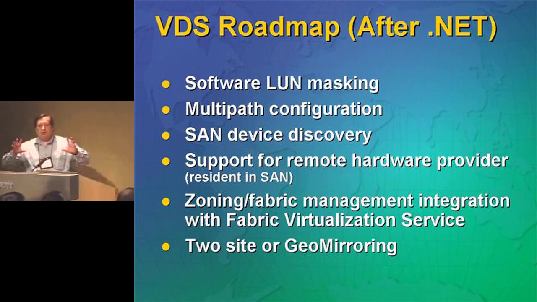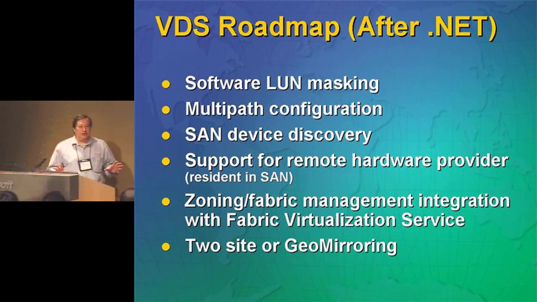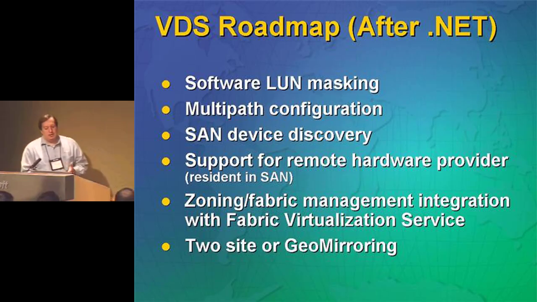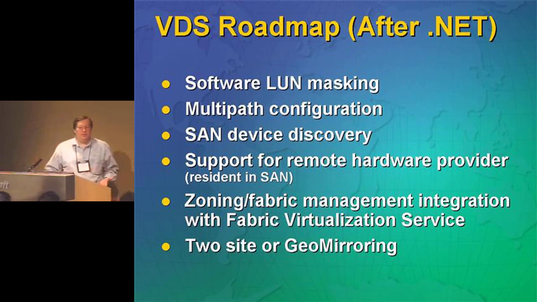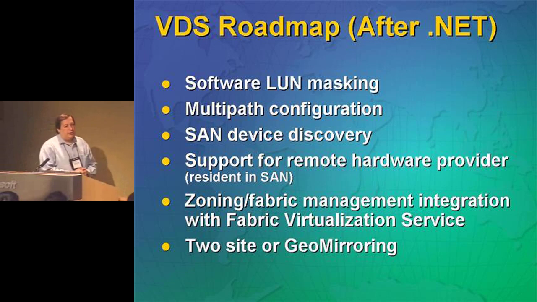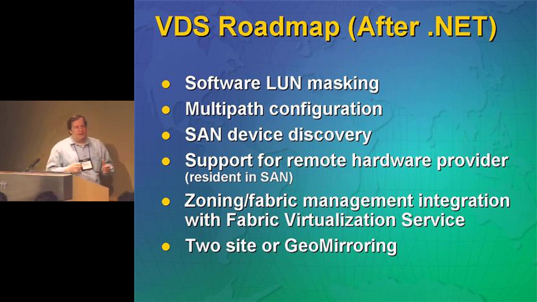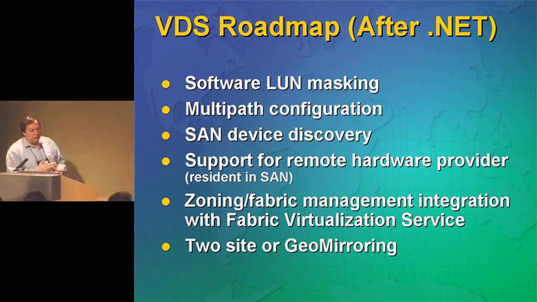Part of the infrastructure, the three key pieces of the infrastructure are the shadow copy service, the virtual disk service, and another piece which we do not have in the product yet called the fabric virtualization service. Effectively, what FVS does is provide an abstraction to the fabric control boxes, the Brocade or McData switches, so that any third party has an abstracted set of APIs that they can use to create volumes on the third-party box.